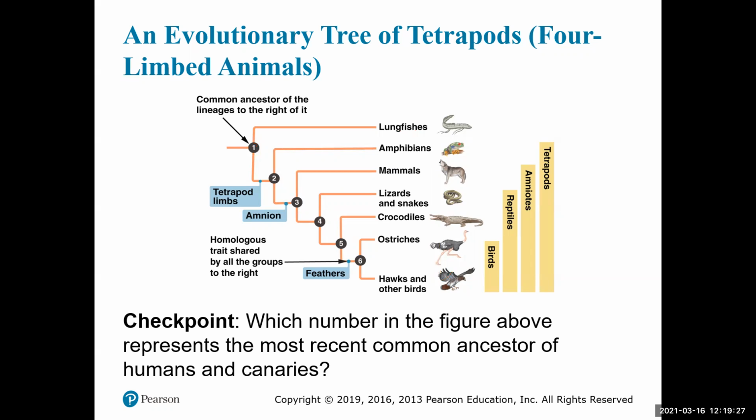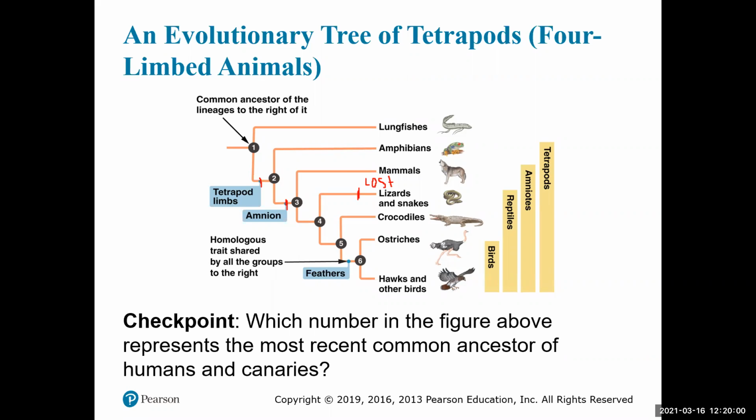We also, once we have these relationships made, can look at where traits appear. So for example, tetrapod limbs. Everything after node 1, ancestor 1, has limbs, whereas snakes lost limbs, right? So there would have to be a change there for the snakes where they lost limbs. All the others have limbs. Then here we have the development of an amnion, right?